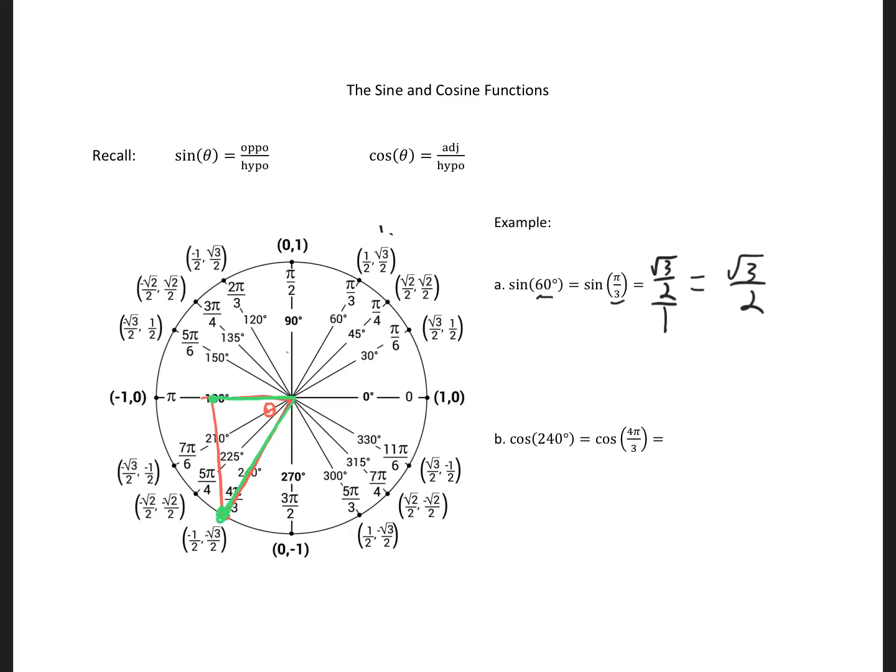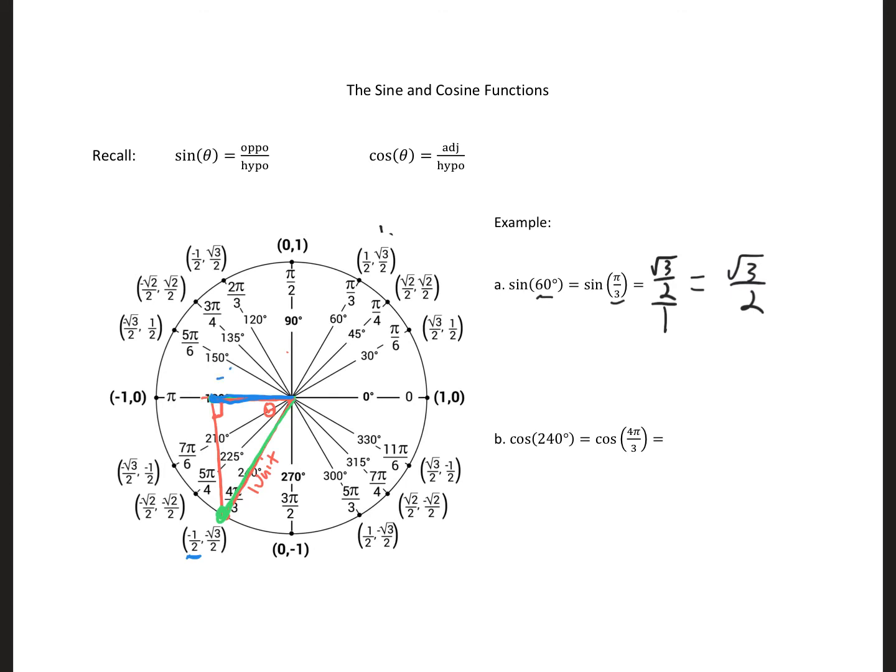Well, we know the length of the hypotenuse, remember this would be the hypotenuse across from the right angle, is just 1 unit. We want to know the length of this side here, the length of the adjacent side. Well, that is just equivalent to the x coordinate in the coordinate plane.